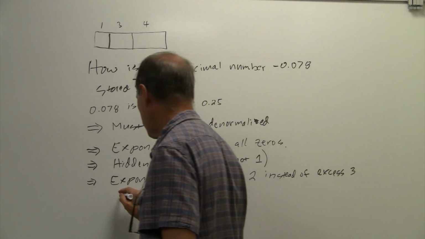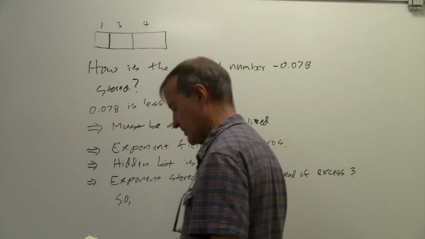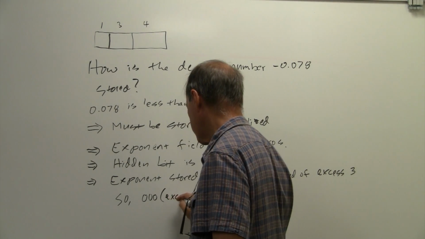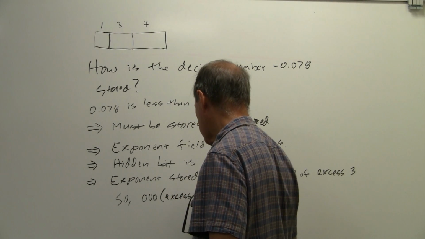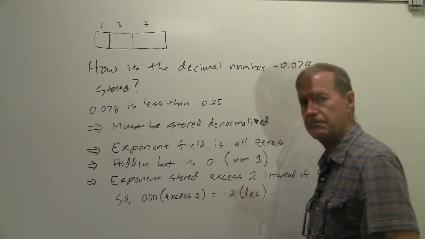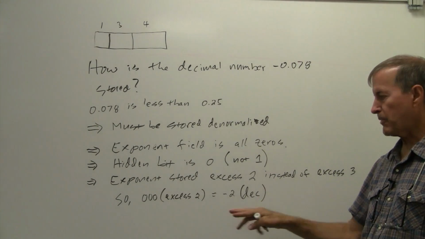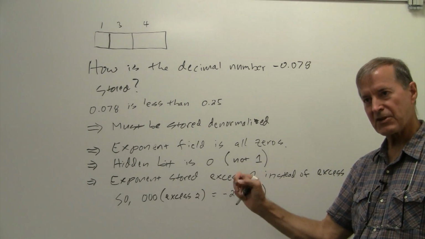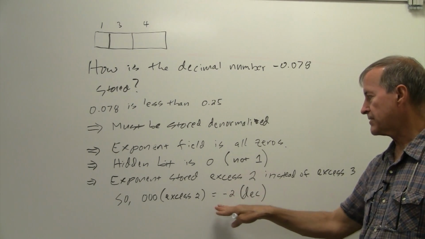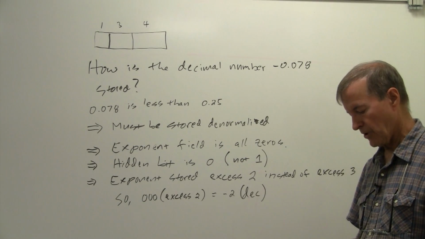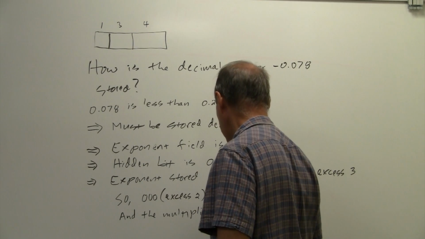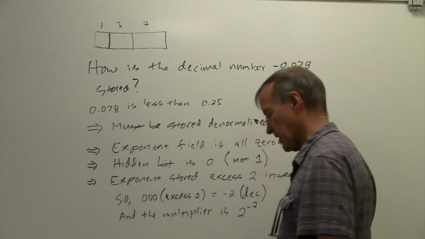So we know the exponent field is 0, 0, 0. Excess 2 of that is negative 2 decimal, because you subtract: 0 minus 2. So the exponent is negative 2, which means the multiplier is 2 to the negative 2.